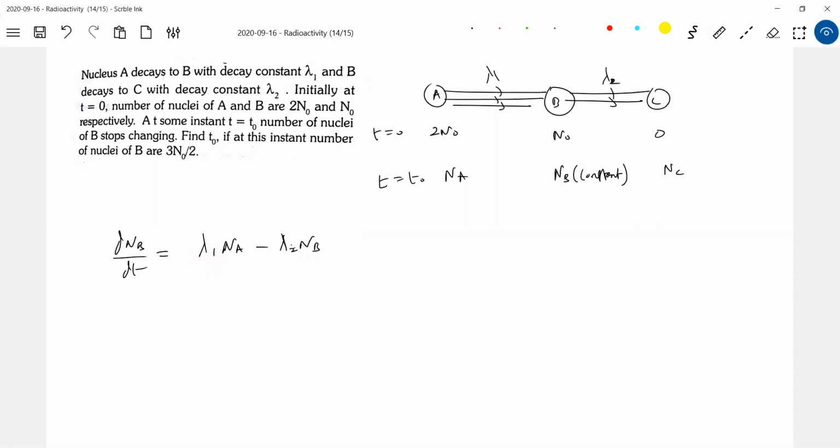So now what is the basic condition we put? The time at which NB remains constant. So NB constant means dNB by dt should be 0. So I'll put 0. What is NA? NA at any instant of time, can we write?